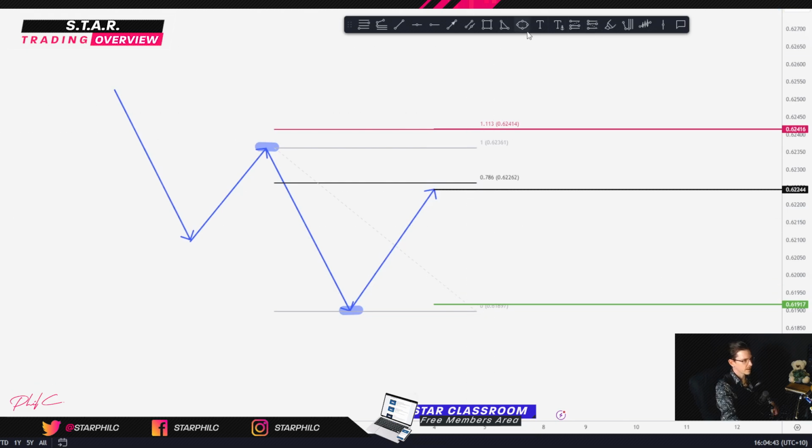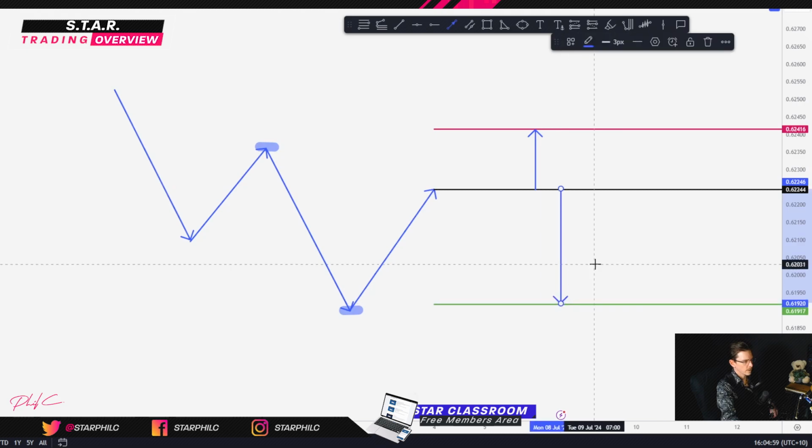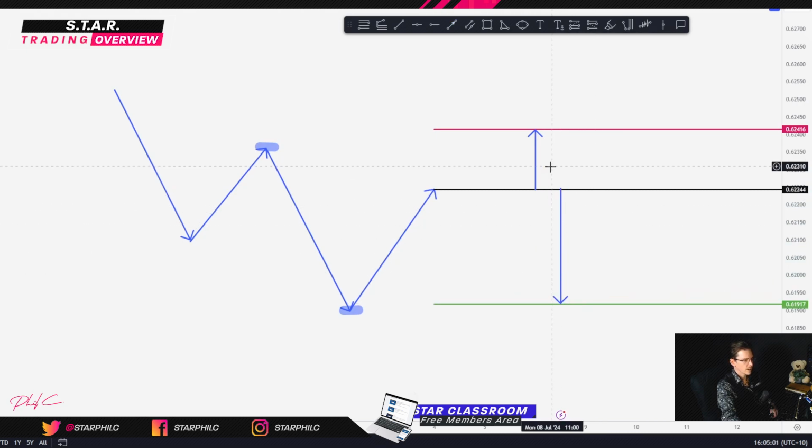And if that's the case, then we want to make sure that we have a positive risk to reward profile. Here we go. Our risk is like this. Let's get rid of that. We have this much risk for this much reward right there. So we have over 1.5 to 1 risk to reward on our target 1. That means we have a positive risk to reward profile.